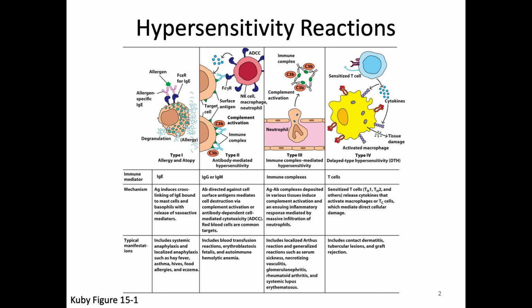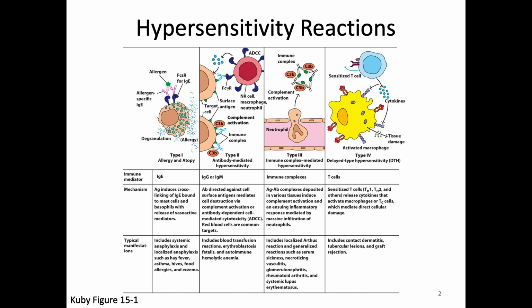The thing that is different with the type 3 hypersensitivity reaction is that we have soluble antigen. So it's not an antigen that's on the surface of a cell. It's like a secreted protein, or it could be not a protein, but you can imagine some kind of extracellular floating around molecule. And as a result, we end up seeing immune complexes get formed.